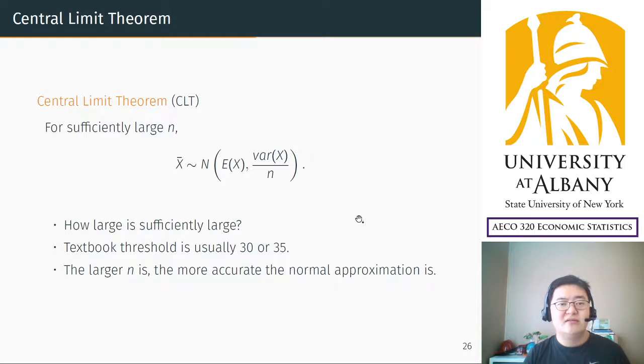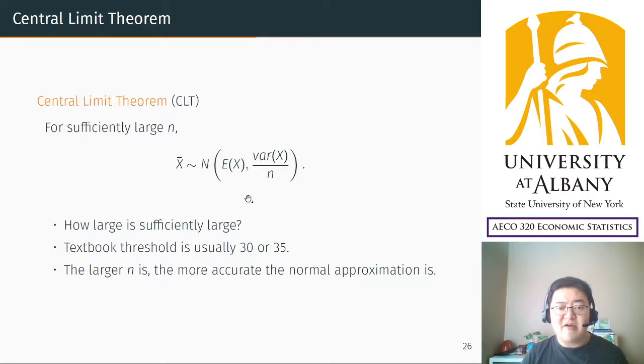And the second theorem, and the most important theorem in statistics, is the central limit theorem. The central limit theorem says that when n is sufficiently large, x bar, the average, follows a normal distribution with these parameters. By the way, this is the mean and this is the variance.